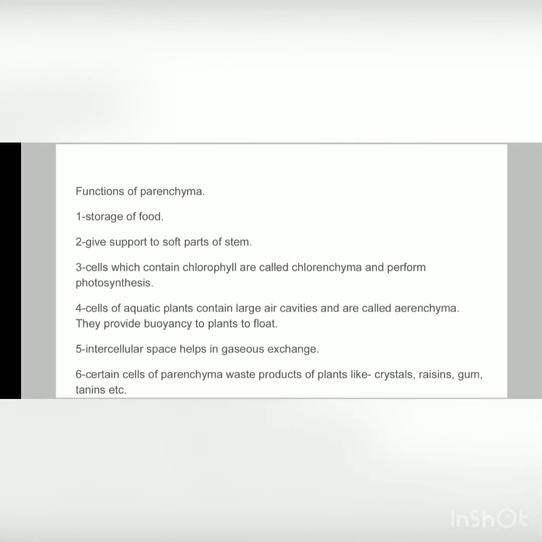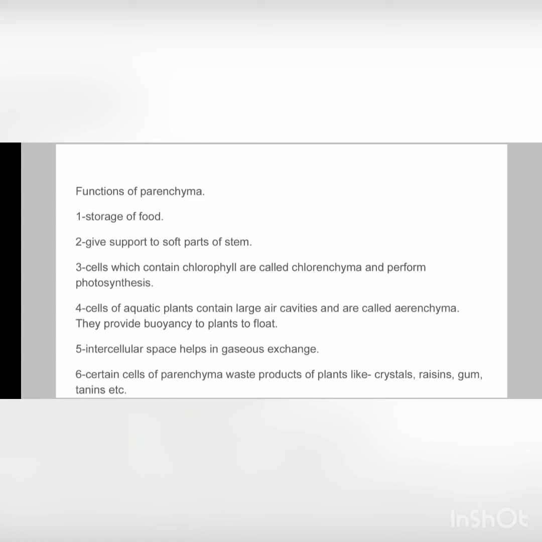Now let us revise the functions of parenchyma. Storage of food, providing support, cells which contain chlorophyll help in photosynthesis, and in aquatic plants air cavities are present in the cells, and they are called as aerenchyma, and they provide buoyancy to the plants to float.